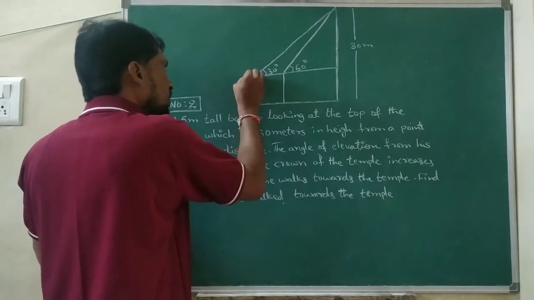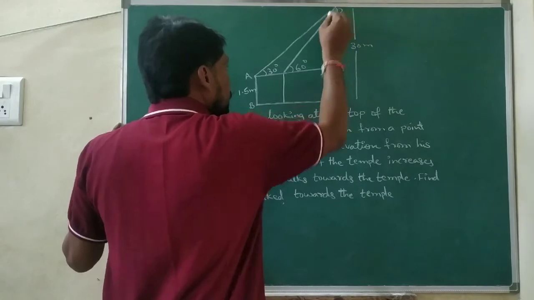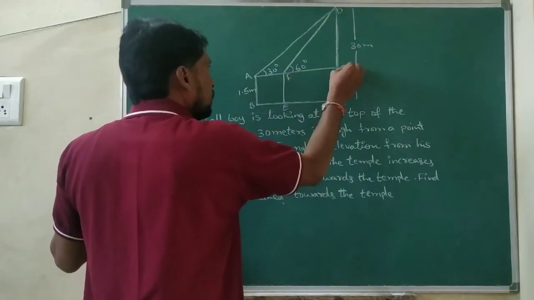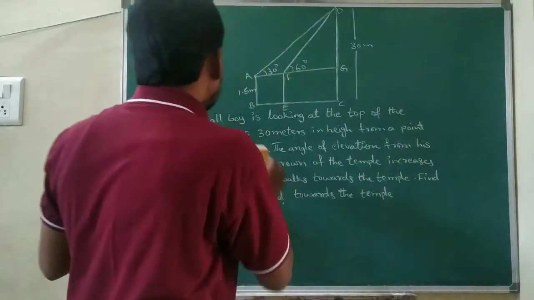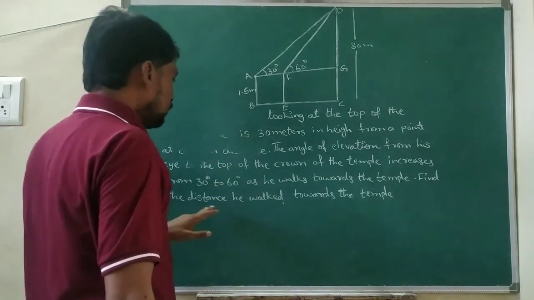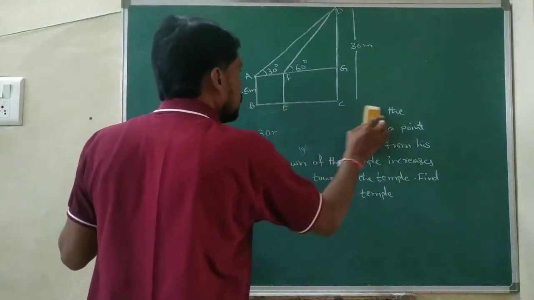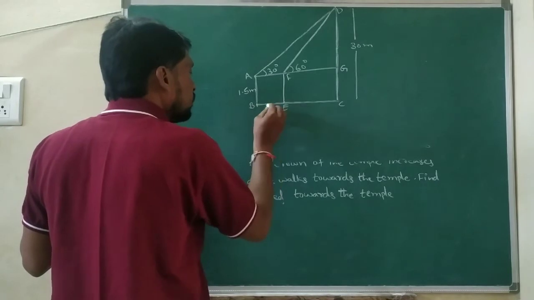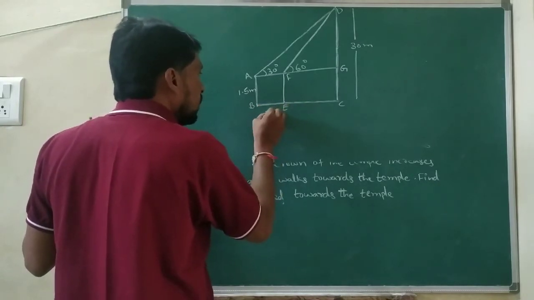Now I am taking A, B, C, D. This is E, F. This one I am taking G. What we need to find here is the distance he walked, that is, the distance between these two points, B and E. We don't know how much he walked, so we take it as x meters.